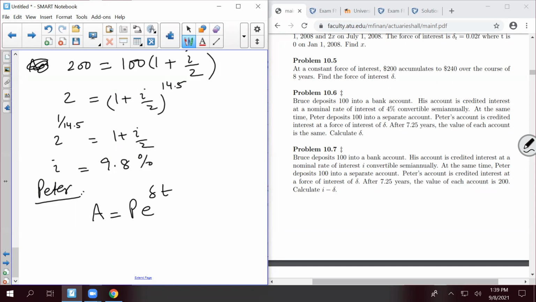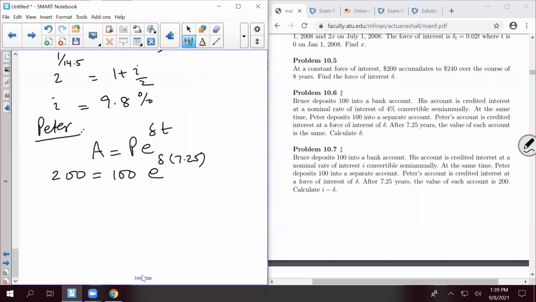What is A? 200 again. P is also 100. e to the delta is unknown. And time is 7.25. And from this equation, we will calculate delta. 2 is equal to e to the power 7.25 delta.